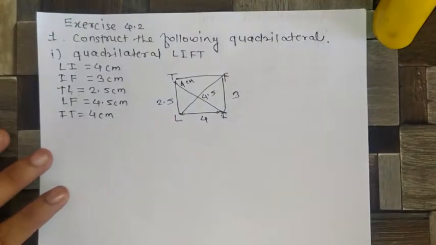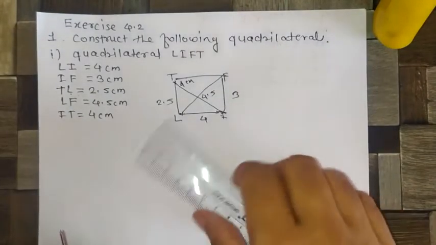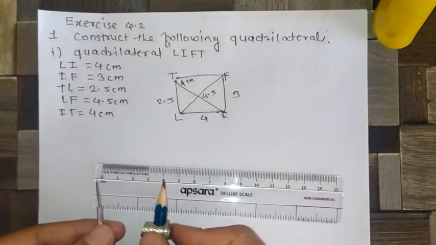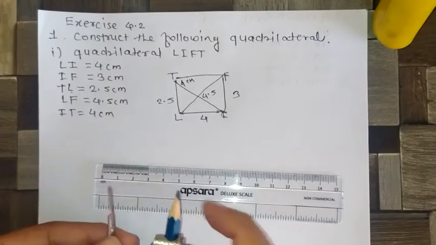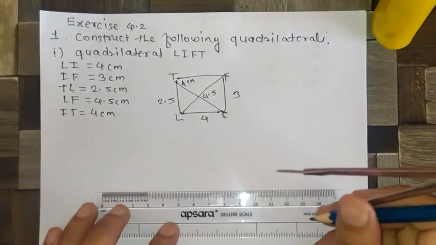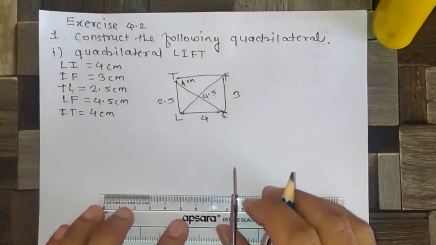So first you have to take the measurement of LI, 4 centimeter. So I am taking the measurement 4 centimeter, or by taking a scale you can directly draw.